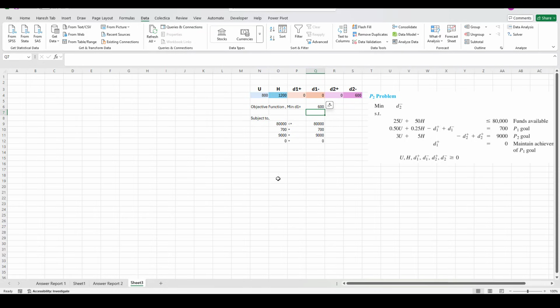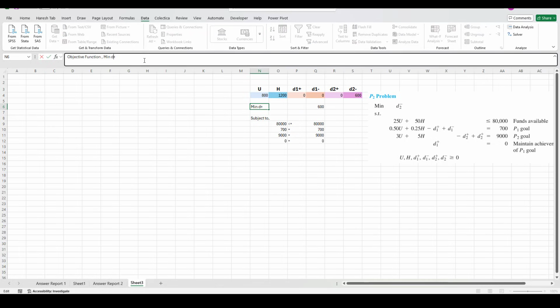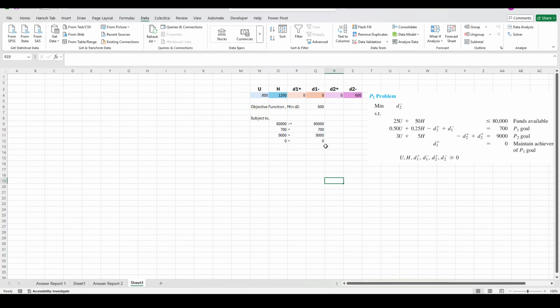So what is my final answer? My final answer is, the objective function here was d2 minus, that mistake I did not change. So d2 minus is 600. So what is my answer?